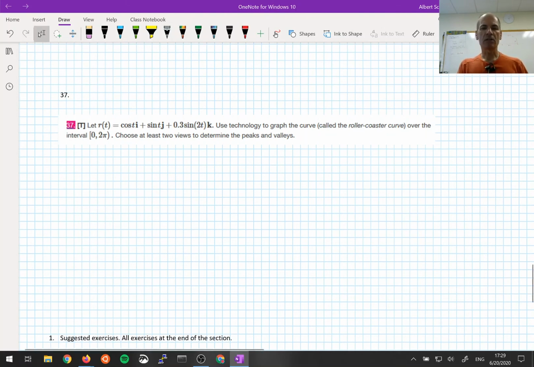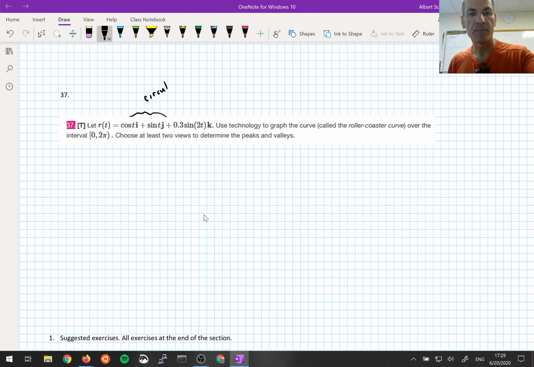So when I look at this space curve, in the x component and the y component, I see my friendly cosine t, sine t. So I expect something circular to be happening in this part of the space curve. In other words, if I look down from above on this space curve, I'm not going to see any of the motion in the z direction. All I'm going to see is circular motion.